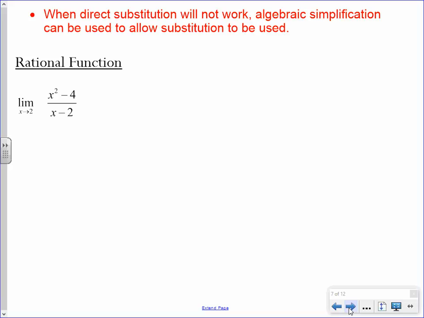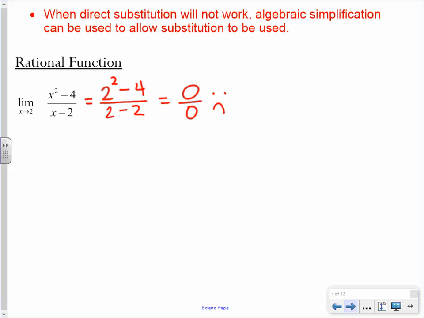When we use direct substitution to evaluate a limit, we directly substitute that x value in. But what happens when we plug in 2 to this limit? We get 0 over 0. Okay? Later we'll talk about that being an indeterminate form, but we can't divide by 0. This does not mean that our limit doesn't exist.